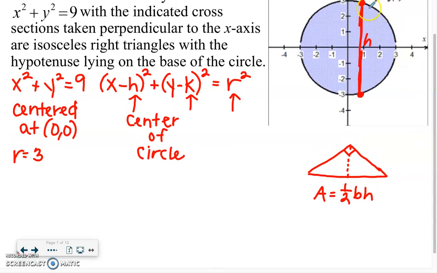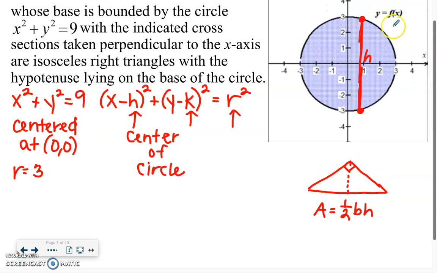Well, in our triangle, the hypotenuse goes from one edge of the circle to the other. And what we're going to do is break it into two segments. So from the top of the circle down to the x-axis, that would be equivalent to the y value of the circle.